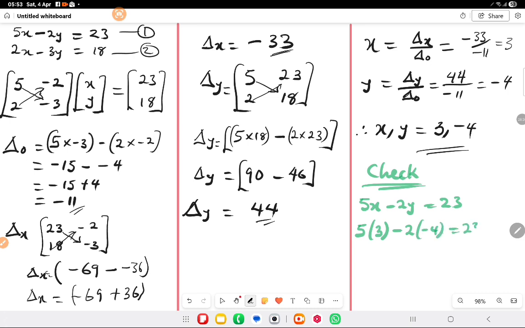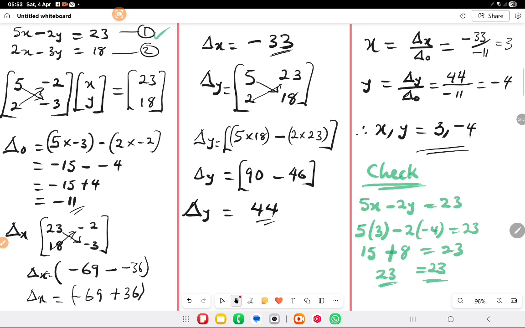Will it give us 23? 5 times 3 gives us 15, minus 2 times minus 4 gives us plus 8. 15 plus 8 is 23, which equals 23. The left hand side equals the right hand side, meaning it satisfies equation 1.